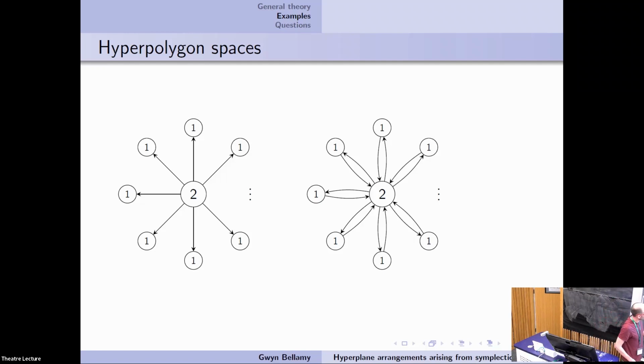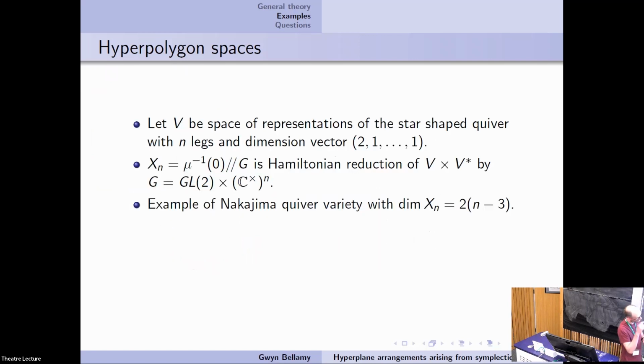That's a Kähler manifold, and hyperpolygon spaces do that construction in a hyper-Kähler way. From our point of view, you get a quiver variety associated to this star-shaped quiver with these dimension vectors: 1 on every external vertex and a 2 in the middle. It doesn't really matter where these come from, but it gives you examples of conic symplectic singularities.